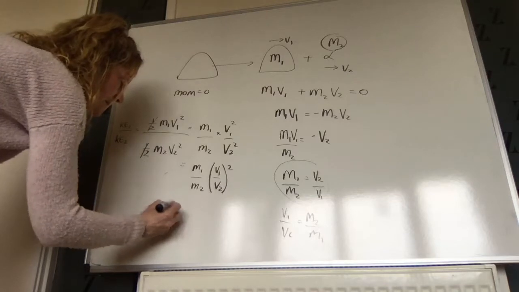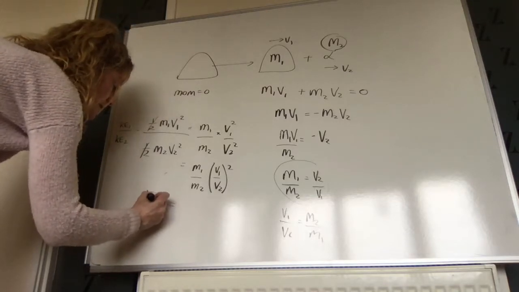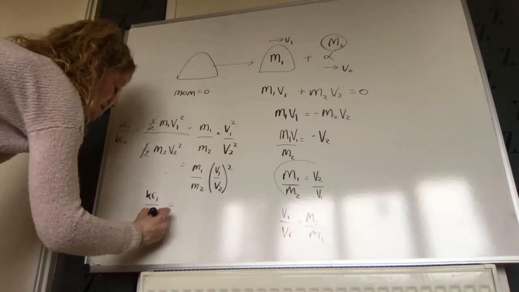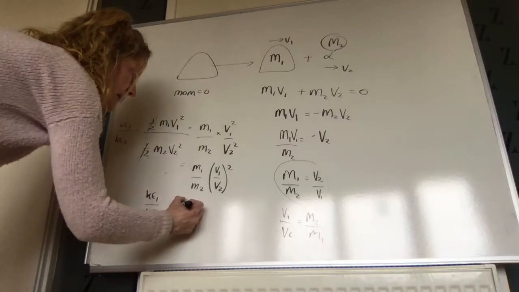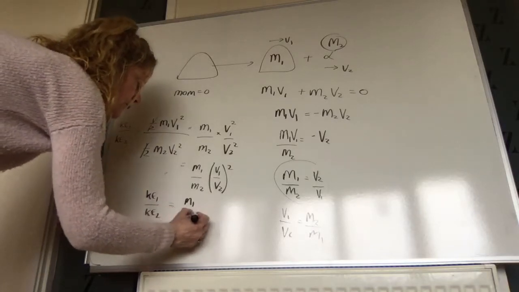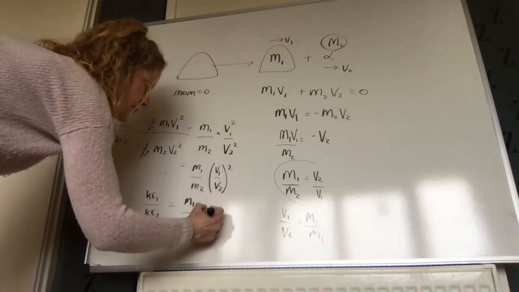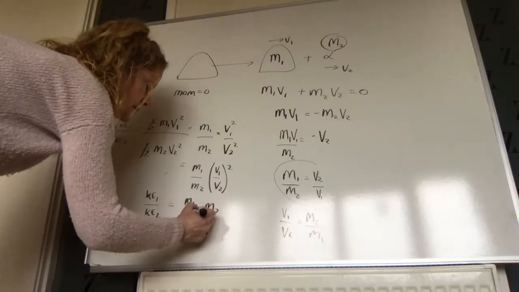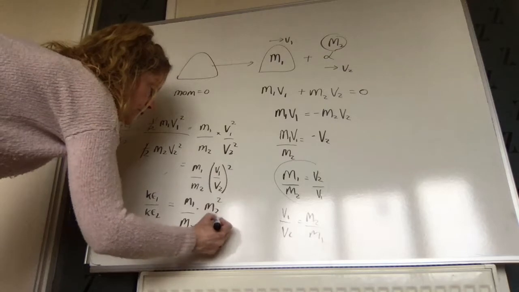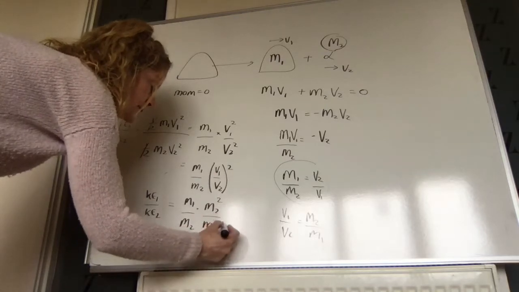So then we get the ratio of the kinetic energies will be M1 over M2 times M2 squared over M1 squared.